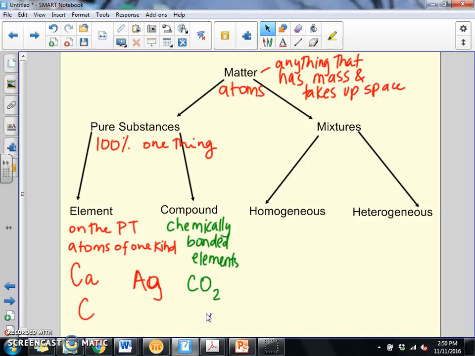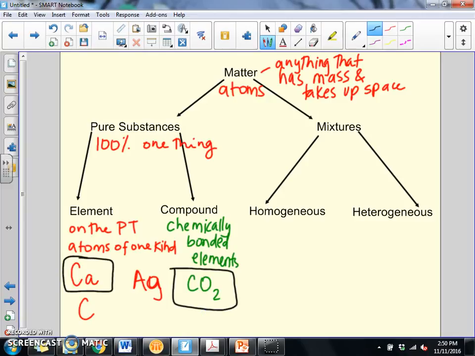The reason this is called a pure substance is that if I have a box that only has CO2 in it, then that's purely carbon dioxide. If I have a box that only has Ca in it, then that is purely calcium. So it's 100% one thing only.